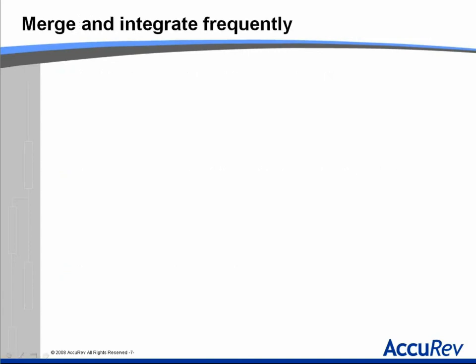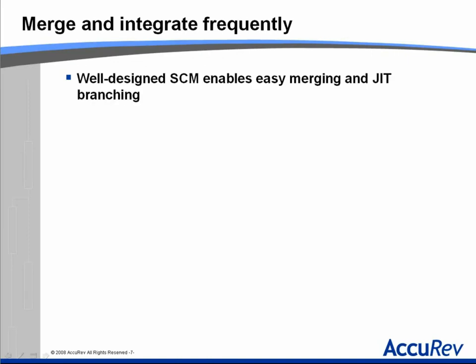All right, let's move on to something that's really going to get us into continuous integration, merging and integrating frequently. One of the key features of modern SCM systems is that you really have to have the ability of doing very easy merging and what I like to call just-in-time branching, or branching whenever you need to.